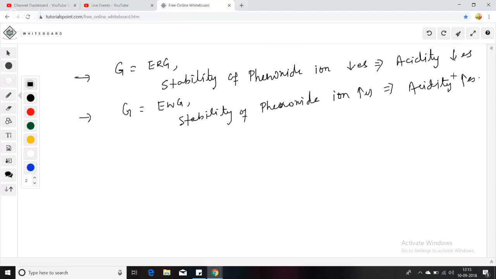These are the two facts you have to keep in mind to find out the acidity order of various compounds.